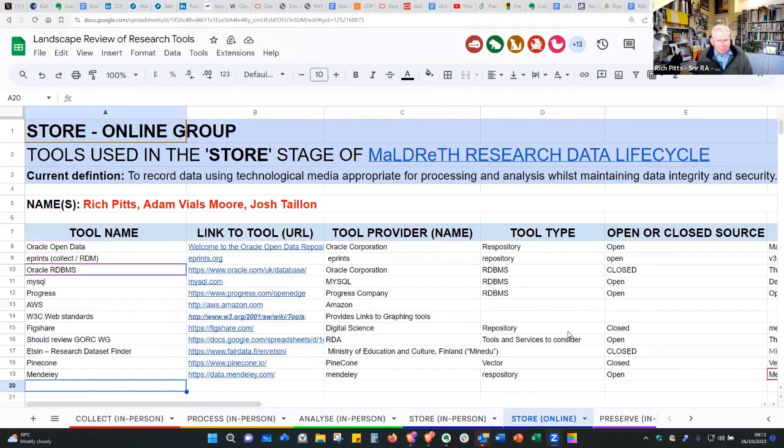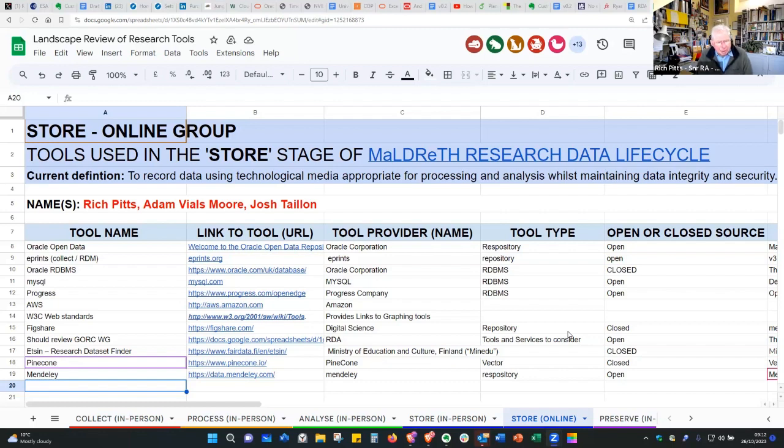For example, Oracle's Open Data Repository, Mendeley has another one, and so on. We should also ride on the back of the GORC working group and look at what they're doing in their tools and services, and perhaps make sure that we cross-reference to them as another string to our bow, if you like.